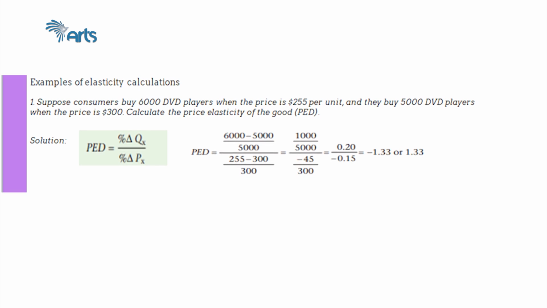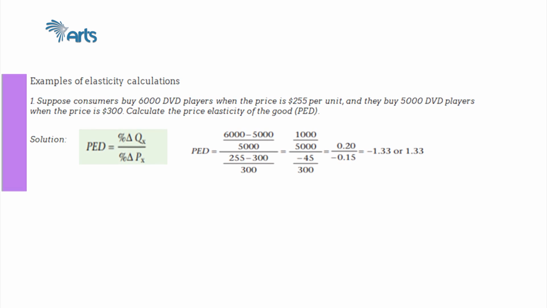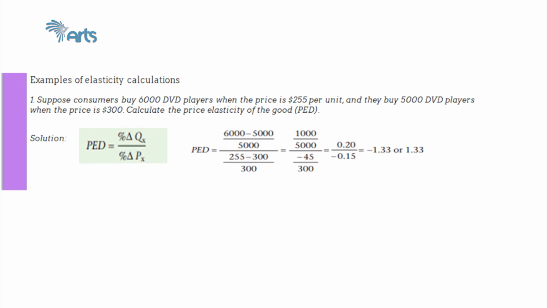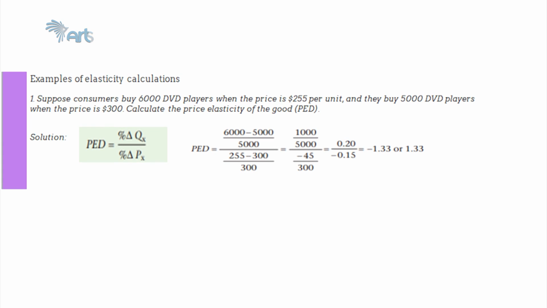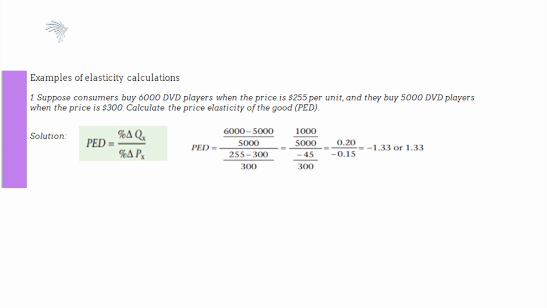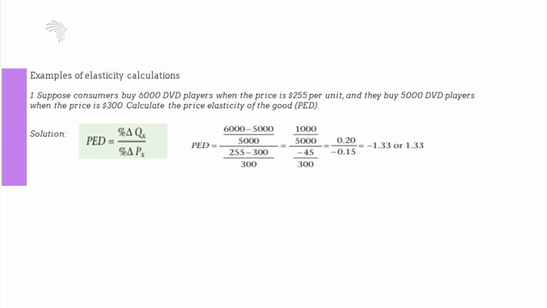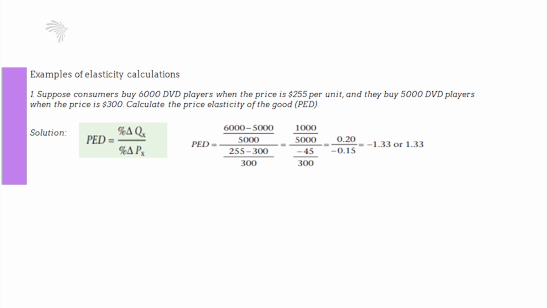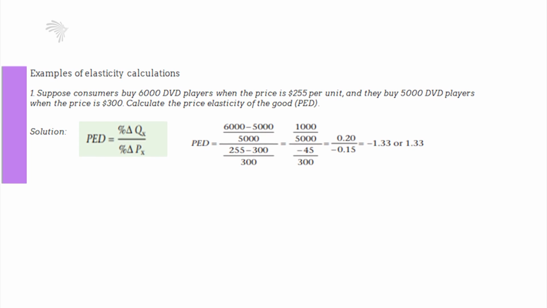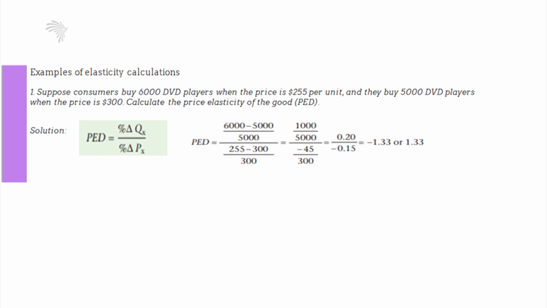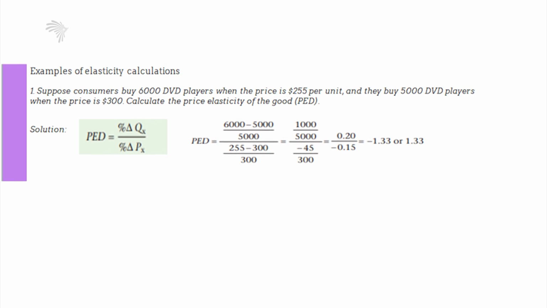If we simplify this fraction, we arrive at 0.2 divided by negative 0.15, and the final answer will be negative 1.33, or 1.33. The negative sign shows us the inverse relationship between price and quantity demanded. You can either leave the answer in negative terms or in absolute terms.